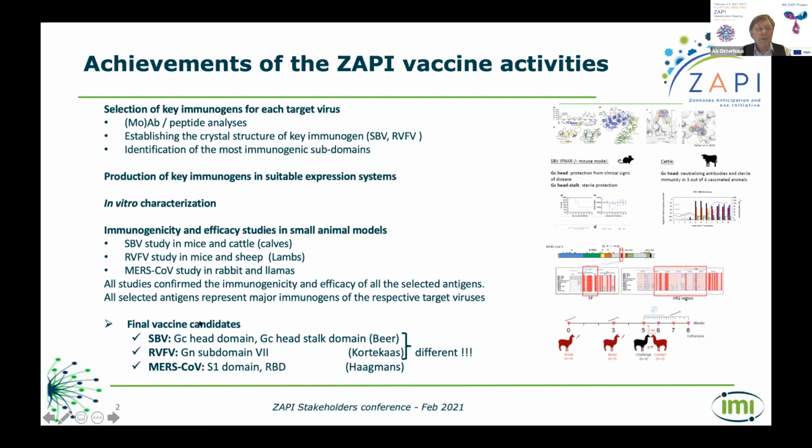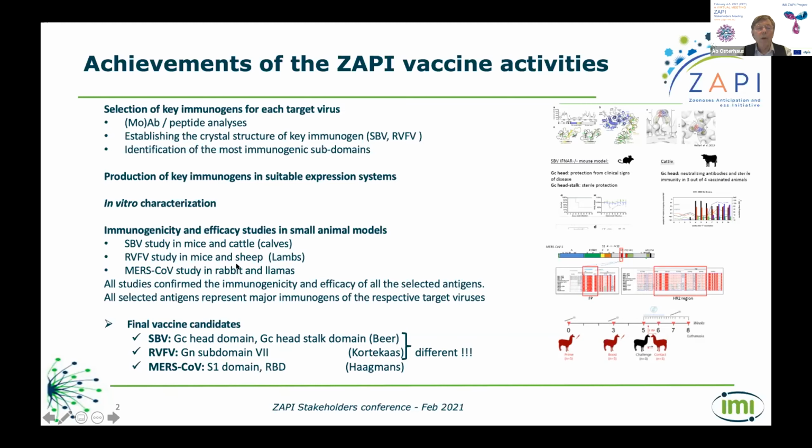So basically, the final candidates: it's interesting that when you talk about the Bunya viruses, you have on the one hand the Schmallenberg and on the other hand the Rift, and it's 2 different domains, as we have heard, that were identified. For the MERS coronavirus, it's the S1 domain and the receptor binding domain.